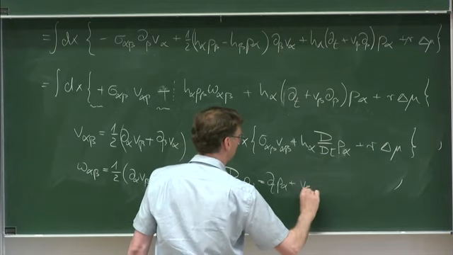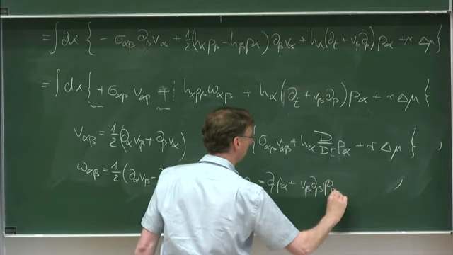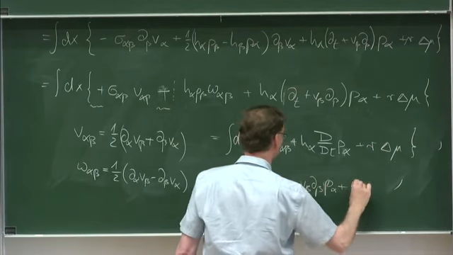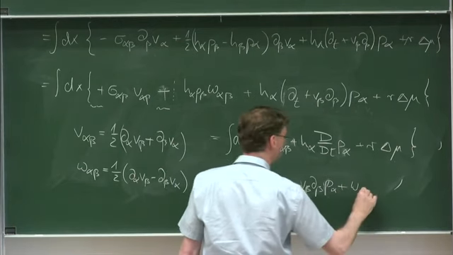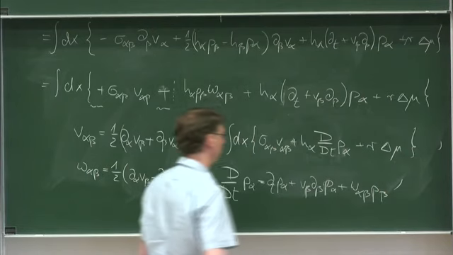So what is this? d t p alpha plus v beta d beta p alpha plus omega alpha beta p beta.